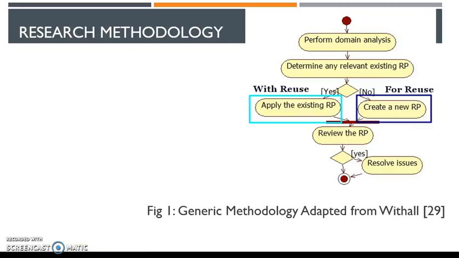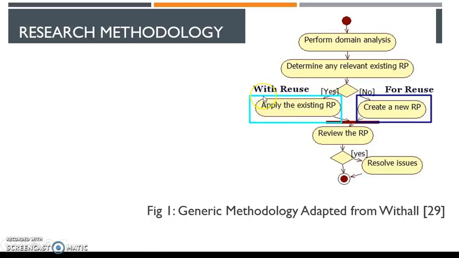For the research methodology, we adapted the generic methodology from Whittle. Based on this methodology, we first perform the domain analysis, which we have done in the previous work. Then we determine any relevant existing requirements pattern that we can apply.